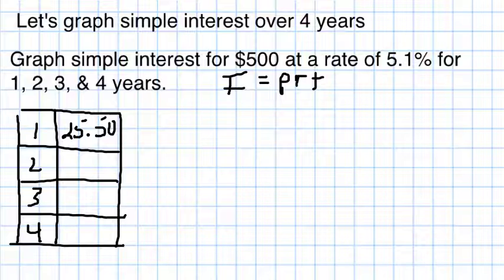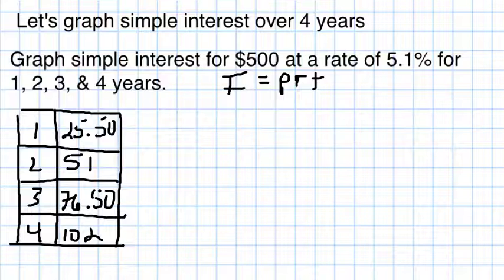Okay, so now I need to calculate this again, only this time for time I'm going to put 2 years in, and I'm going to get $51. I'll calculate it again, and this time for 3 years I'll get $76.50, and then for 4 years I'm going to get $102.